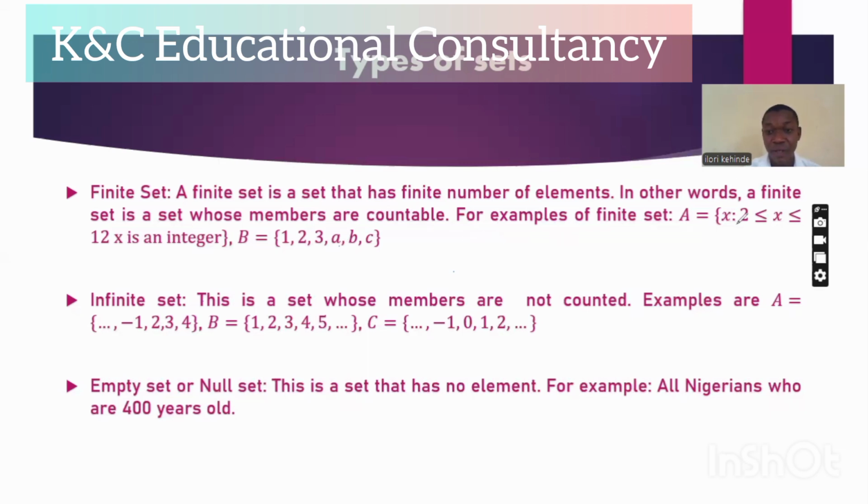For example, we have this set: the set of x such that 2 is less than or equal to x, less than or equal to 12, and x is an integer.